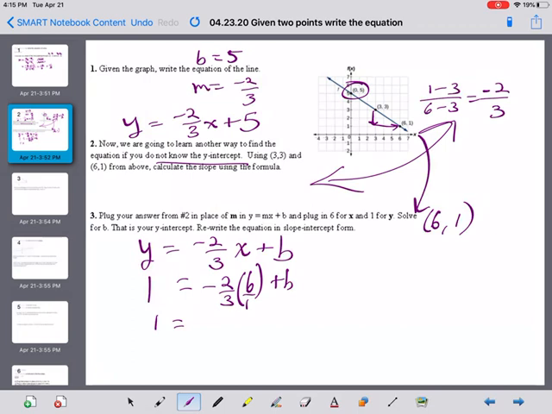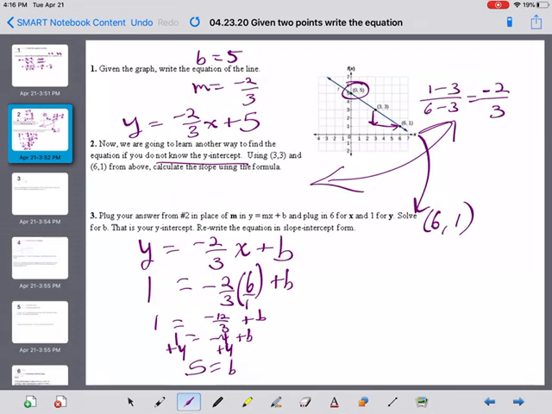So multiplying fractions, oh, we got to bring all that stuff back. You could also use a calculator if you prefer. But without the calculator, this will be -12/3. And what's -12 divided by 3? Oh, -4. So then add the 4 to both sides. B equals 5. So there's the y-intercept.